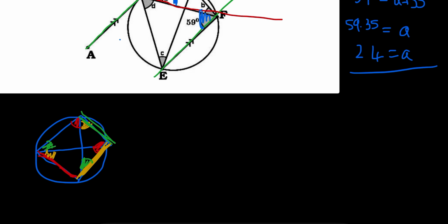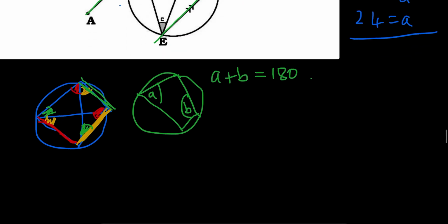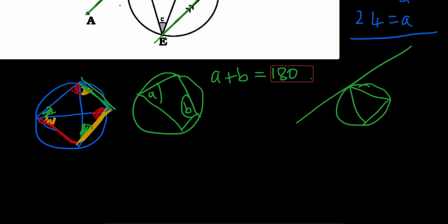Also, in a cyclic quadrilateral, opposite angles add to 180. The other useful fact we shall revise is that if we have a tangent to a circle and a chord like this, then this angle here is equal to this angle here, and this angle here is equal to this angle here.